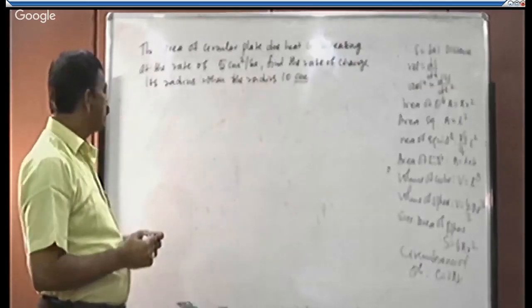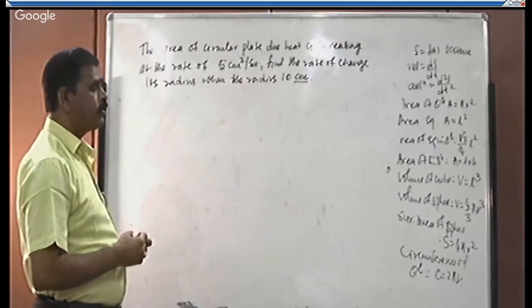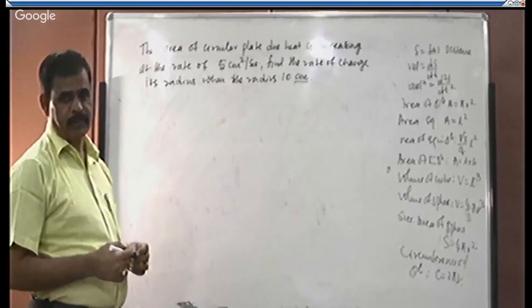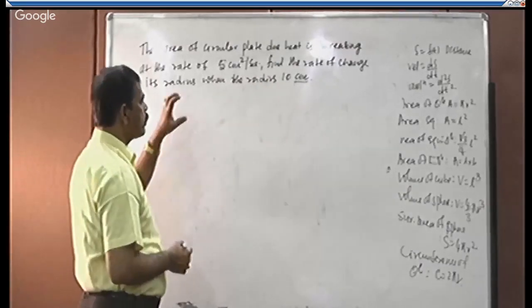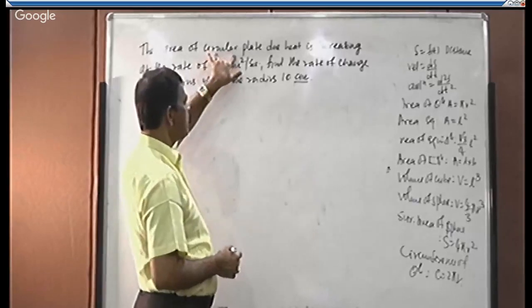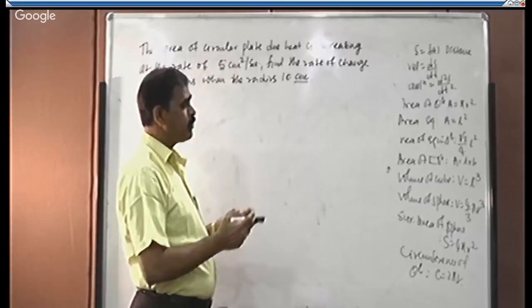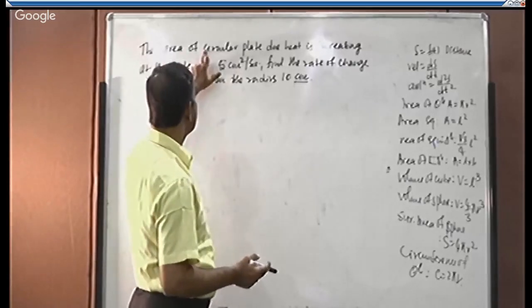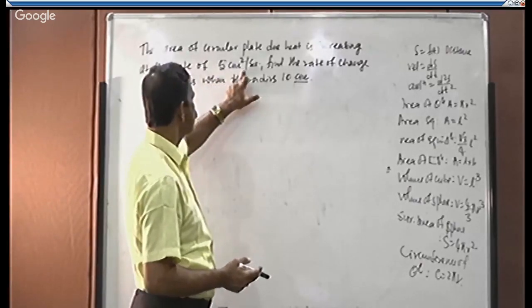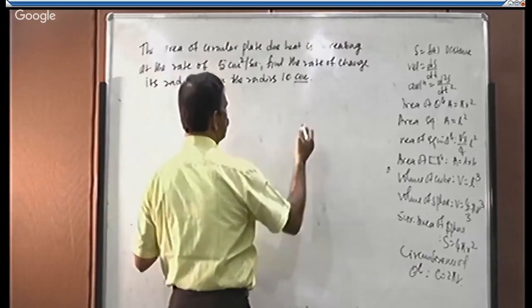See the question. The body is in circular shape, correct? On heating that circular plate, its area is increasing. At what rate? Its area is increasing at the rate of 5 centimeters square per second.